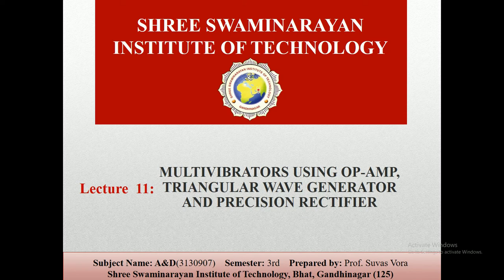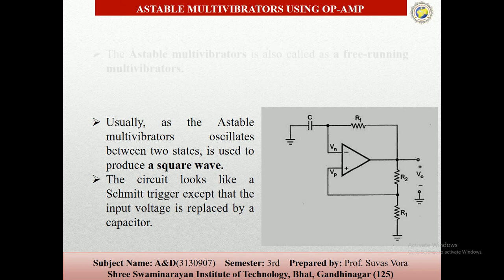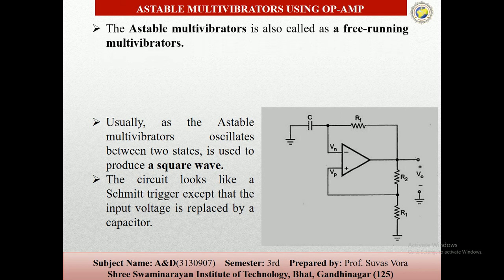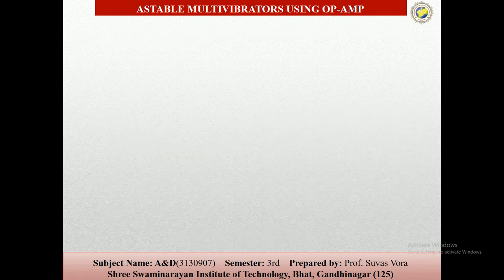So the astable multivibrator circuit, the astable multivibrator is also called a free running multivibrator. It looks like the comparator with hysteresis, it means the Schmitt trigger, except that the input voltage is replaced by the capacitor.